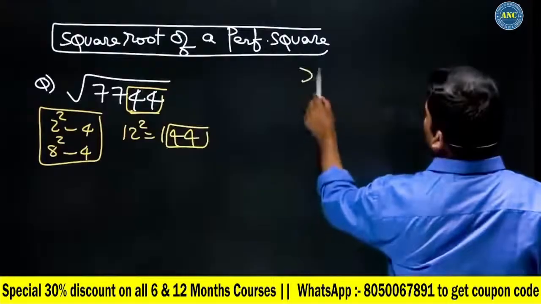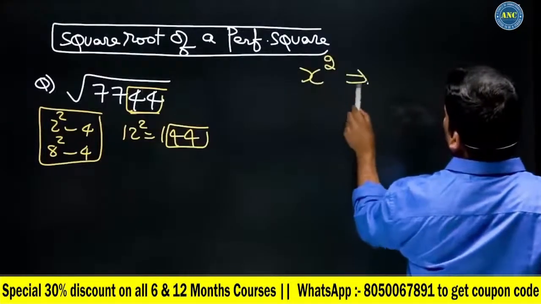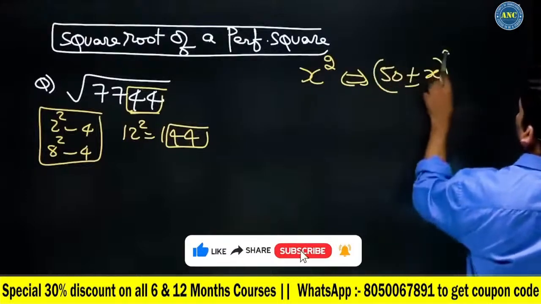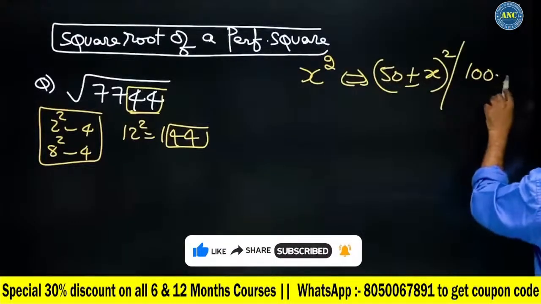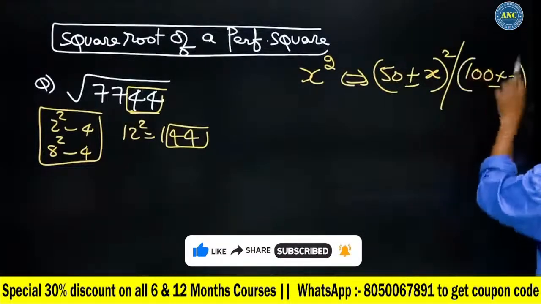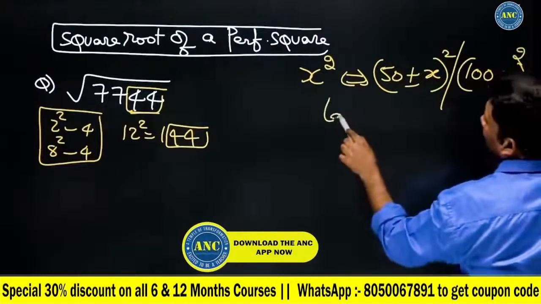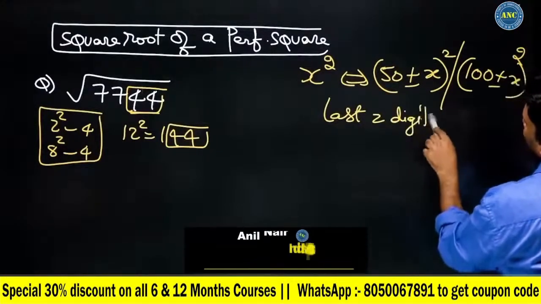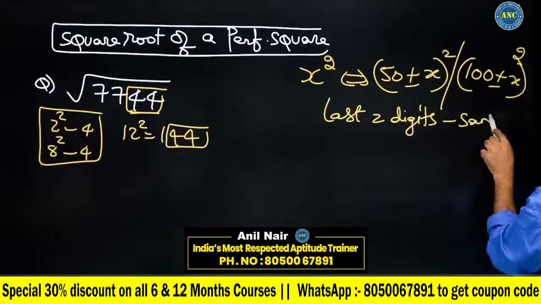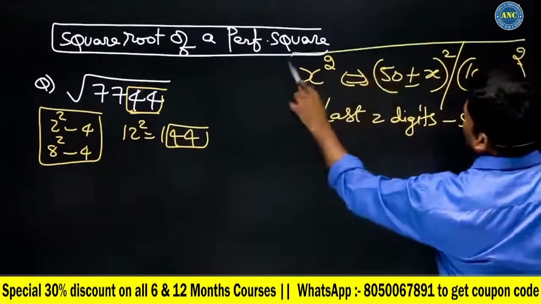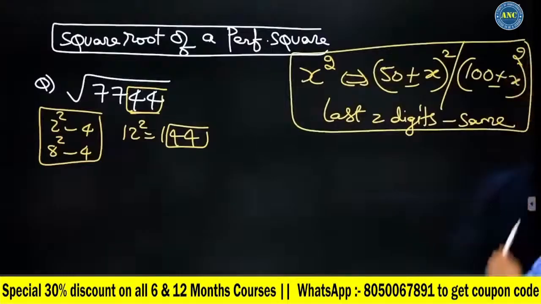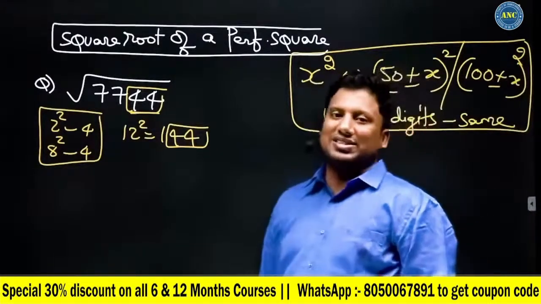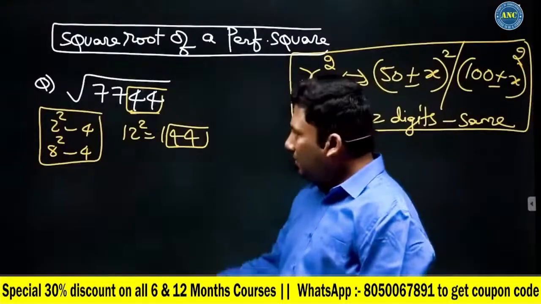If I take a number x square, (50 plus or minus x) whole square, (100 minus x) whole square, the last two digits will be the same, which we discussed in session number 2.